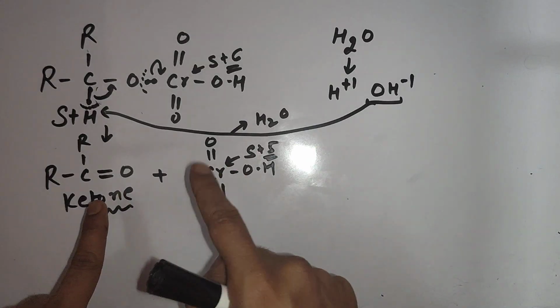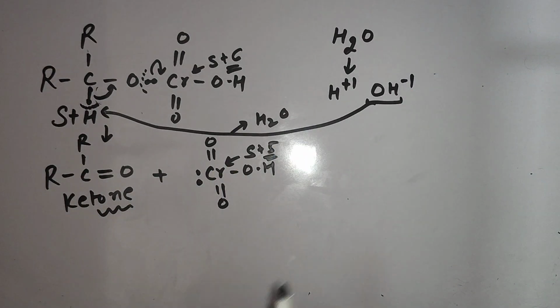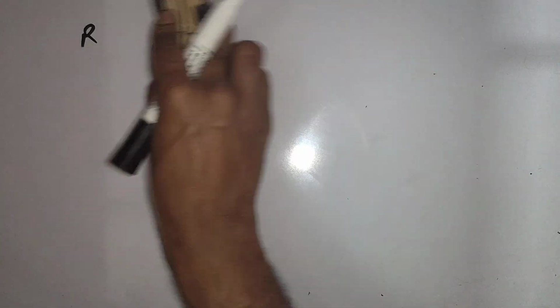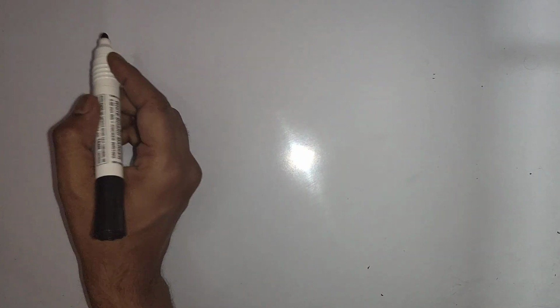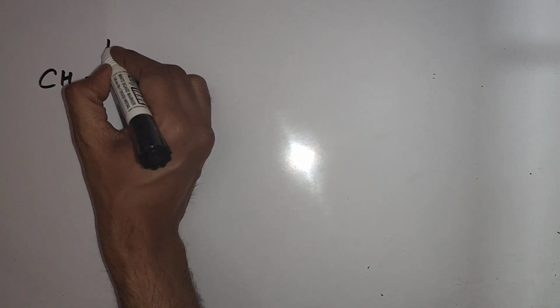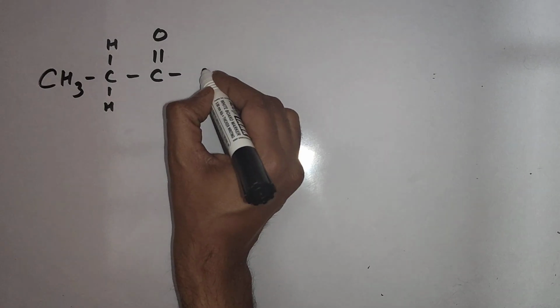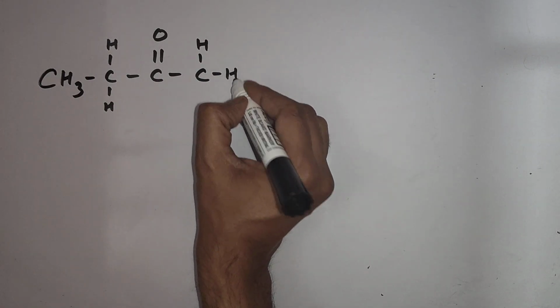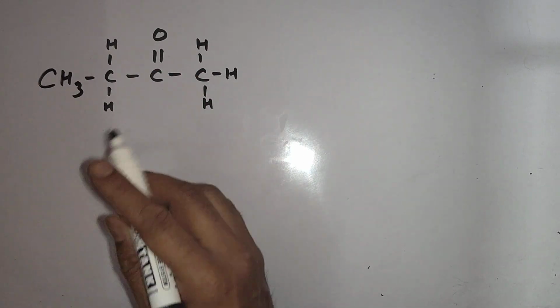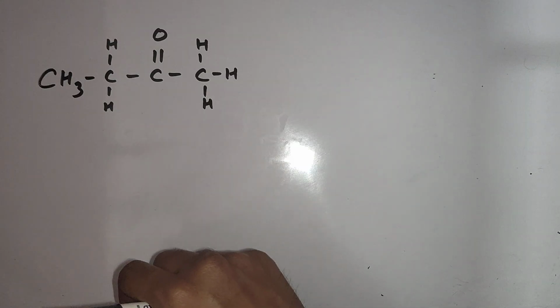Can ketone be oxidized further? Yes. How? Suppose I am using one ketone, a proper ketone, to understand the concept better. Suppose this ketone was generated, how will its further oxidation happen?